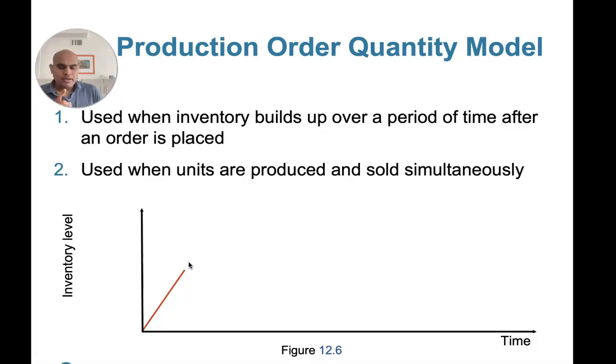Also remember that we have to assume that the demand we face is less than our production capability. If our production capability cannot keep up with demand, then anything we produce is immediately sold, so you're not holding any inventory at all, and you're just continuously producing throughout the year.